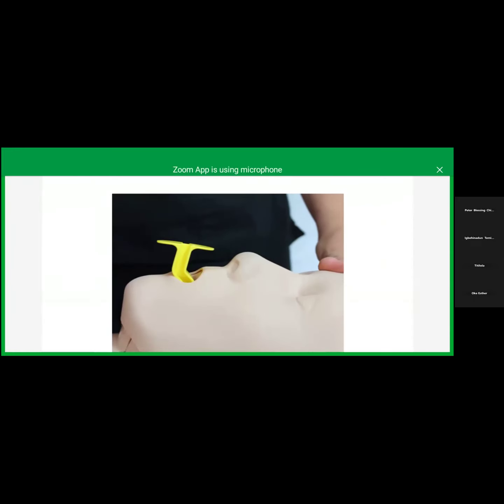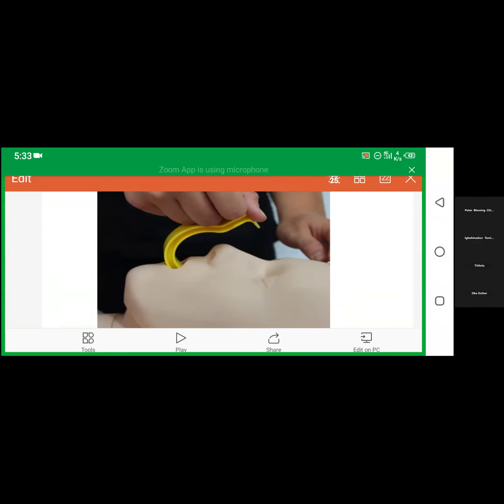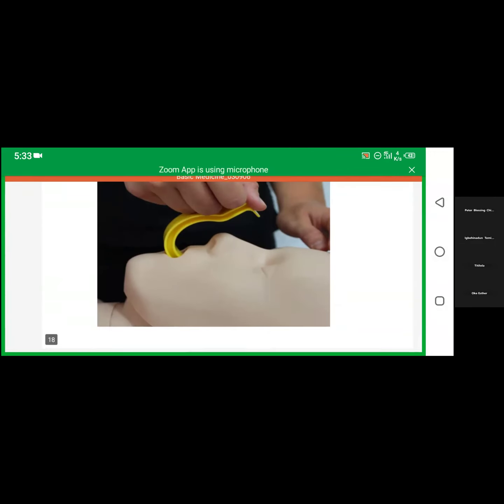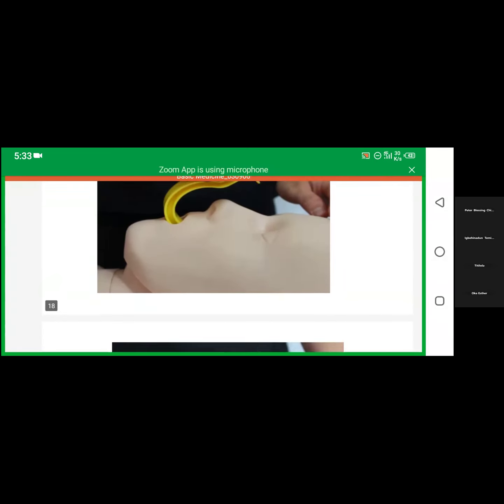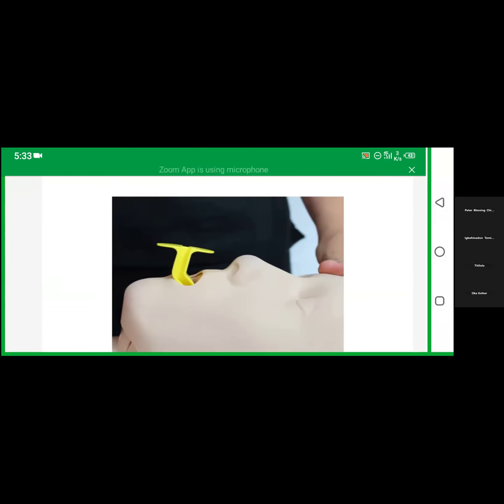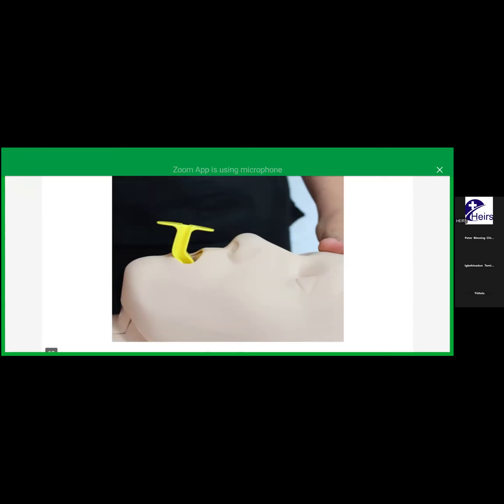So this is what I'm talking about. If we look at this device, it's as if we have gone about one-third of the length of the device when we get to that curve at the upper side. When we get to that curve, we do the anti-clockwise rotation in order to fit the airway perfectly. So that's how we insert it. So let's recap the steps again.